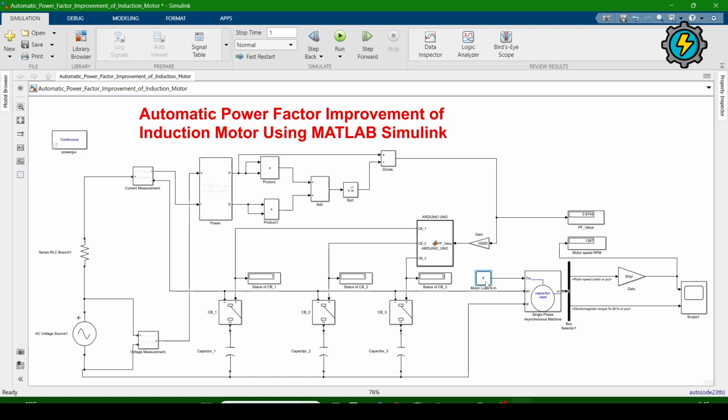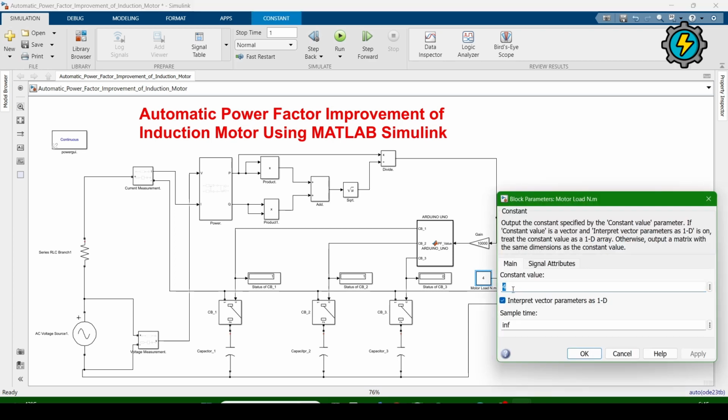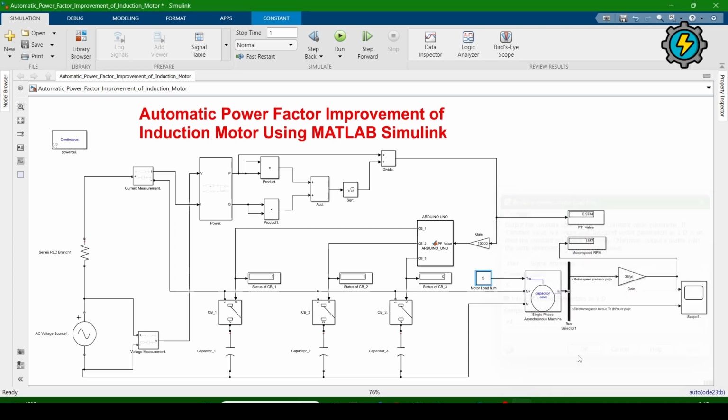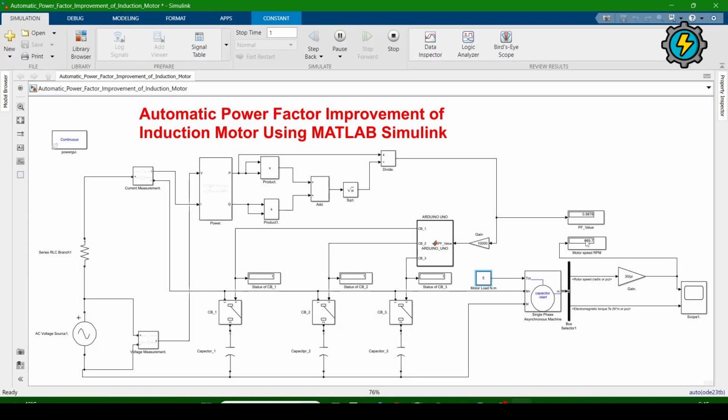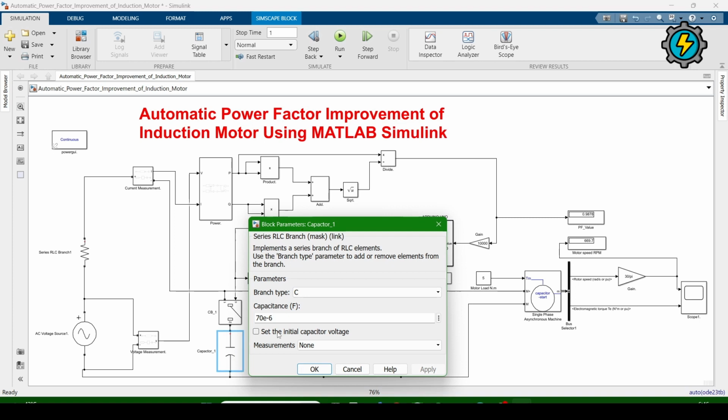And if I increase the load to 5, then okay. Now you will see the power factor will be improved. It is now 0.9878. Now one thing is remaining, that is what are the capacitor values in these capacitor banks. So I will double click on it and show the value of the capacitor.